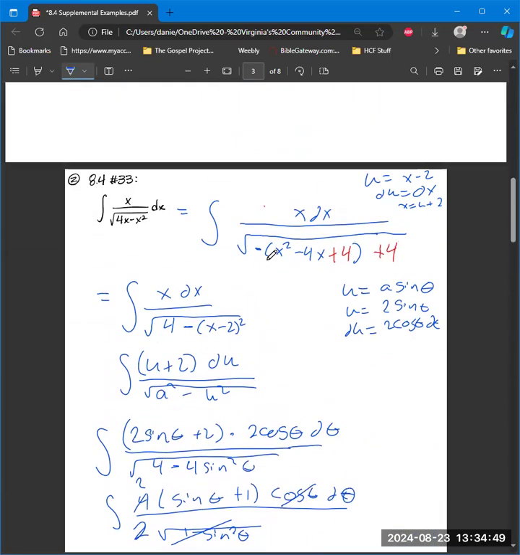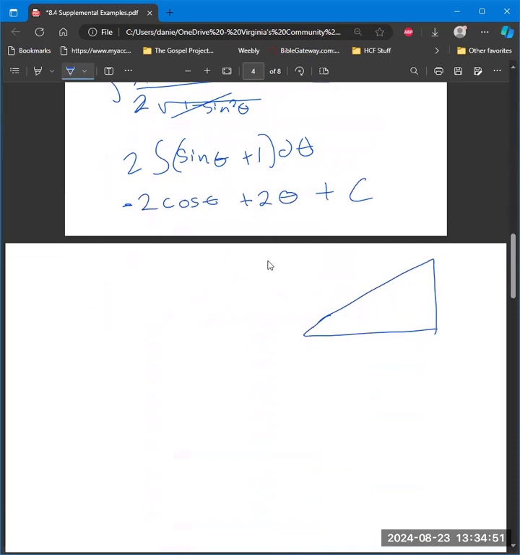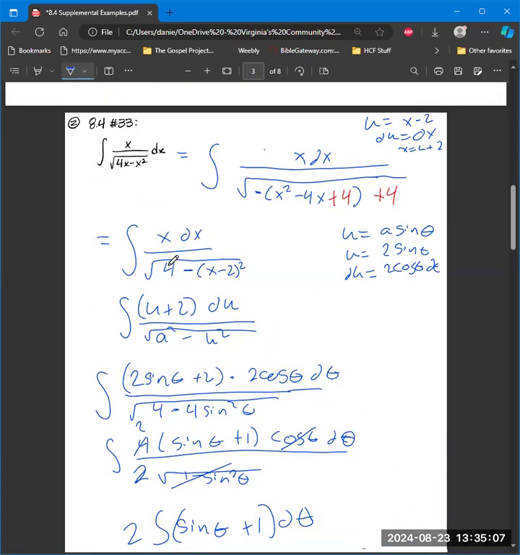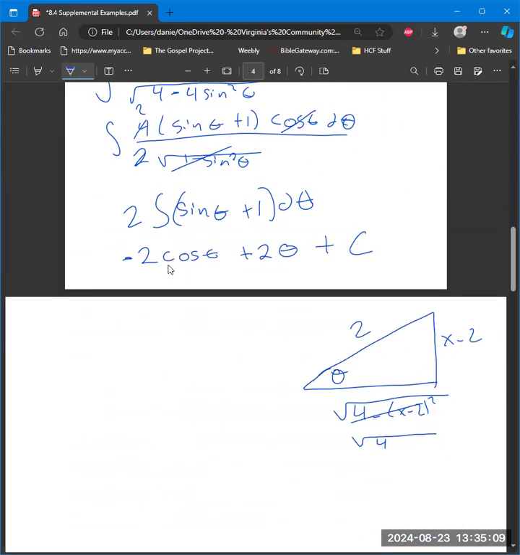So x minus 2 over 2 for sine theta, making this side here the square root of 4 minus x minus 2 squared, or 4x minus x squared. Was that the original square root that I started off with there?